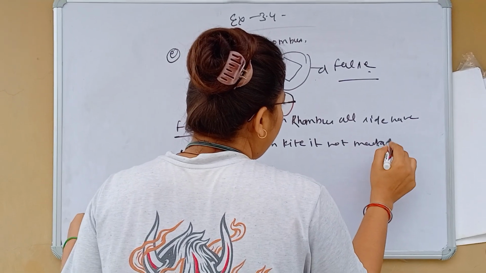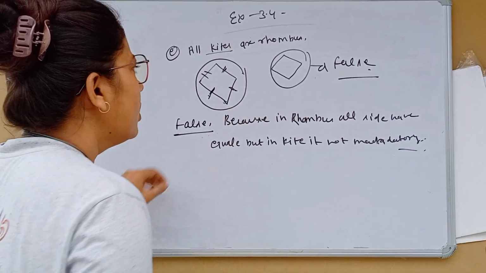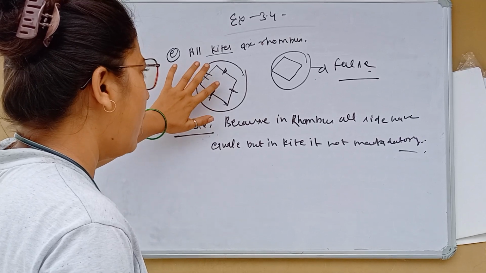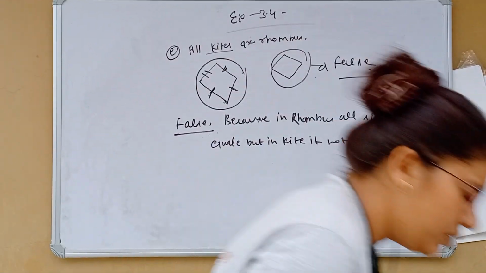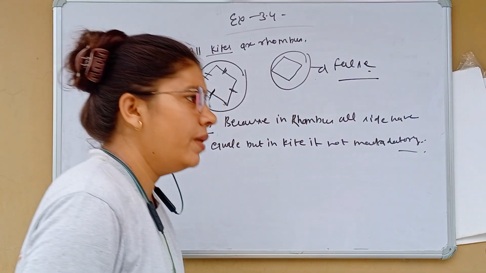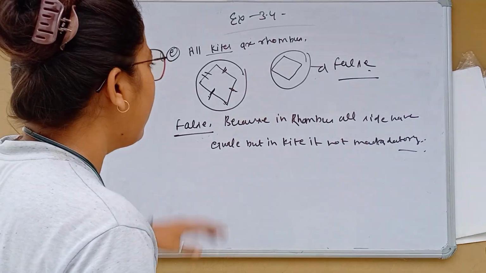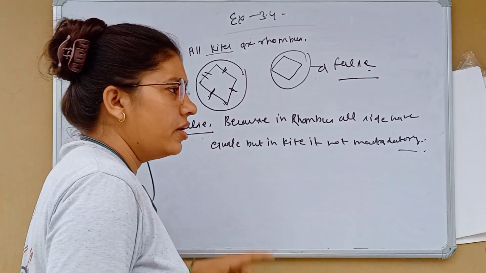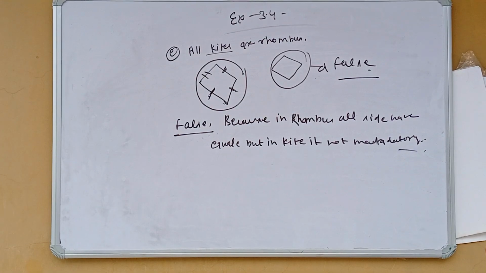So here we write the reason, because a kite need not have all sides equal, but a rhombus always has all sides equal. You do not need to make this figure in your copy. Only write the reason why it is true or false. So first write.